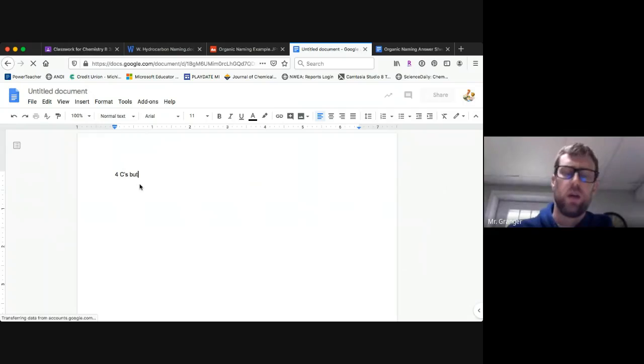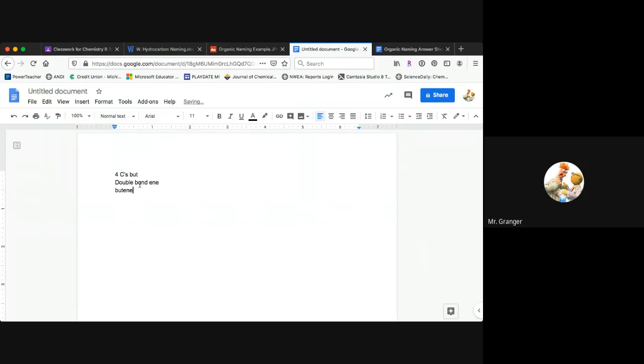And then we know that we have a double bond. So the double bond is going to give us an ene suffix. At this point, we have butene. The problem is, butene tells us we have a double bond in 4 carbons somewhere, but we don't know the location of the double bond yet.